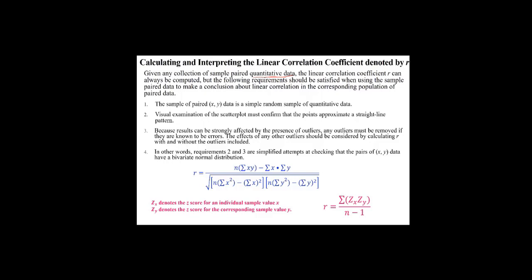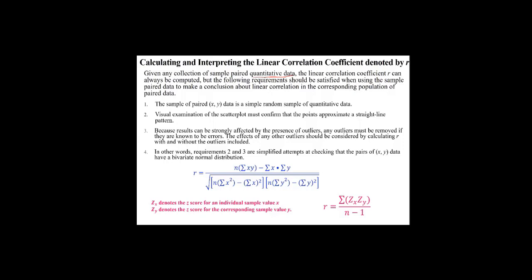How do you come up with z sub x? You look at just the x values and calculate the z-score for each one, which is z equals x minus mu over sigma. We'll go over that just to see how it's done. So there are two ways to calculate it, and the second method makes it easier to understand the concept.